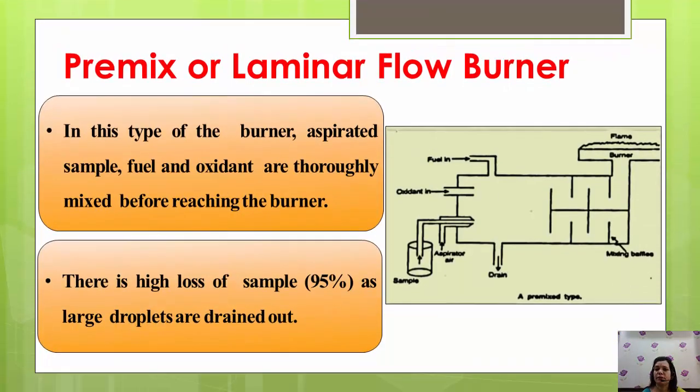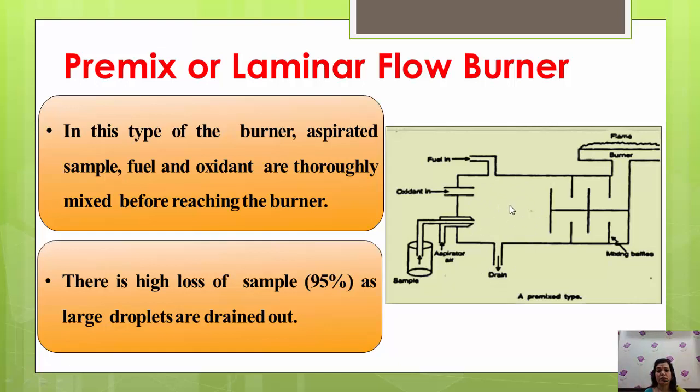Premix or laminar flow burner. The name premix itself tells me that the sample, fuel and oxidant are mixed before they reach the burner. The process takes place in this chamber, where the sample is aspirated, and oxidant and fuel enter and all of them mix.